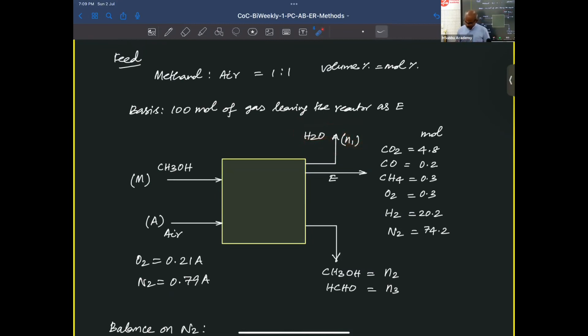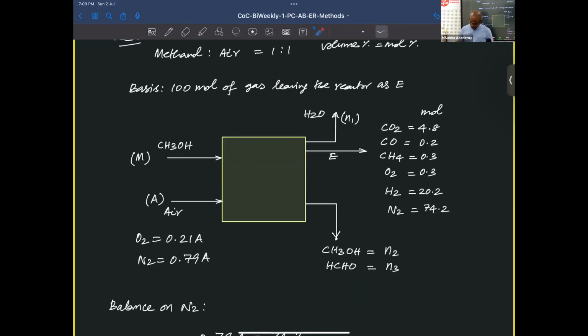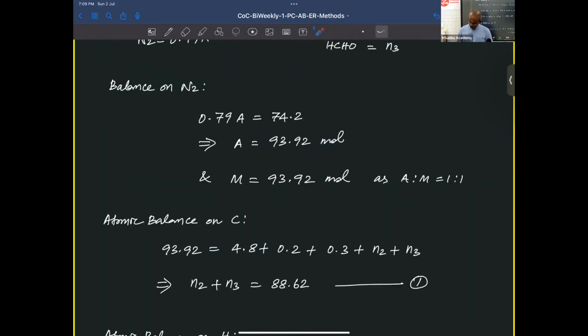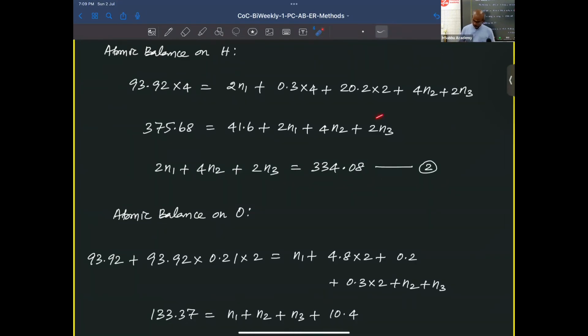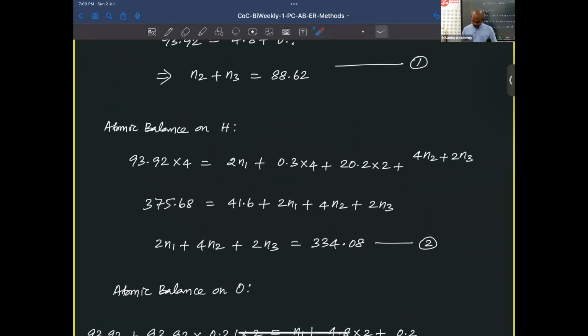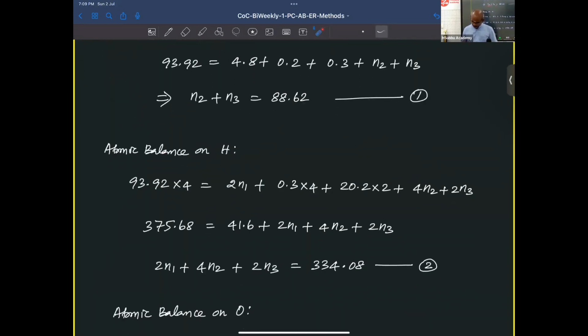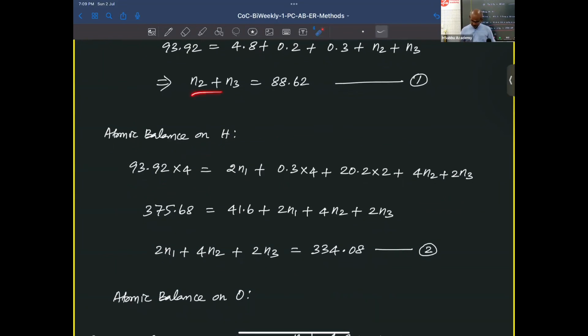Here H is 0.3 into 4, and H2 is 0.2 into 2, and here N2 into 4 and N1 into 2. We check that N1 into 2, N2 into 4. Okay, these are all written. So now again we have an equation, where we have N2, N3, and also N1.